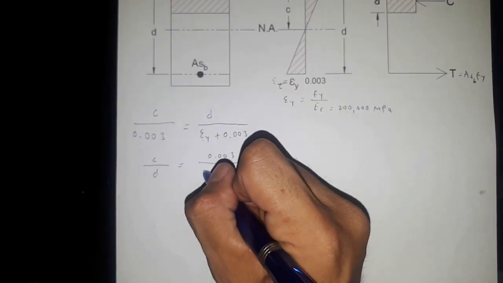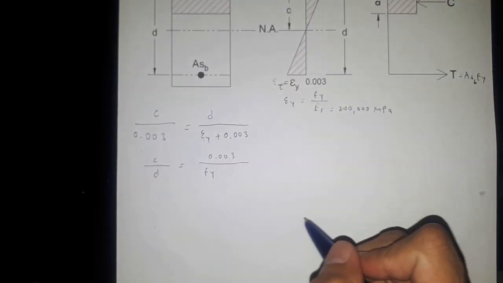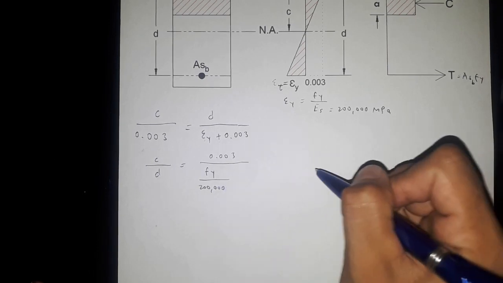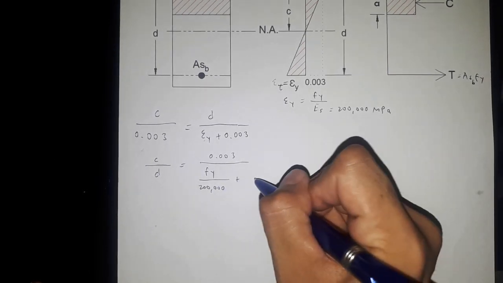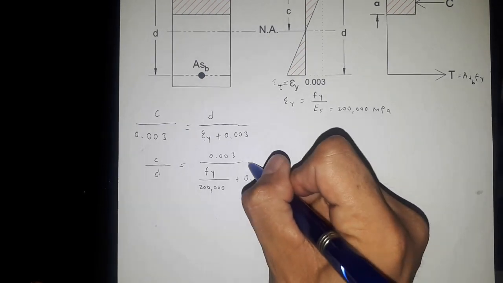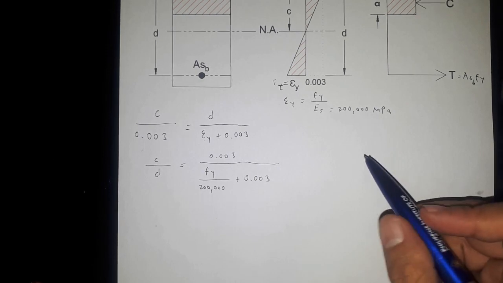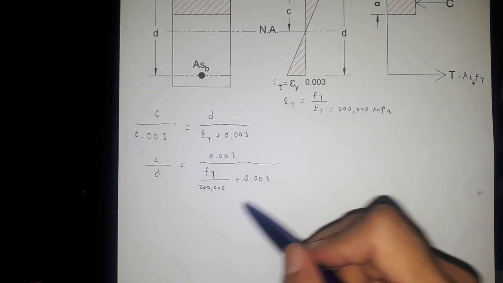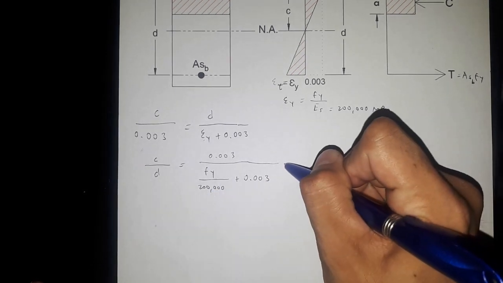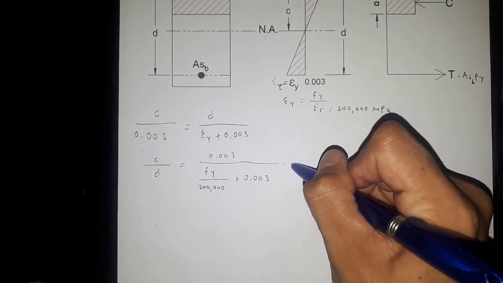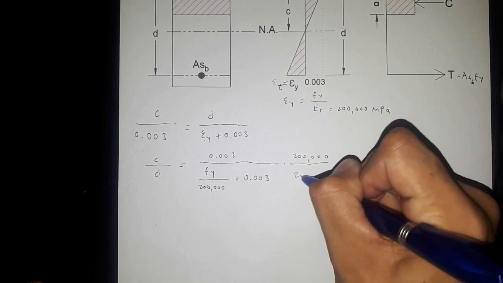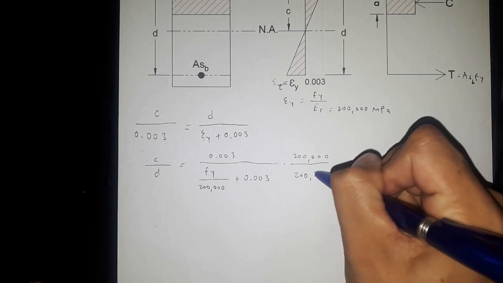So, we have Fy over 200,000 plus 0.003. So, ayusin lang natin yung fraction na to. So, alisin natin to. So, multiply natin by 200,000 over 200,000.